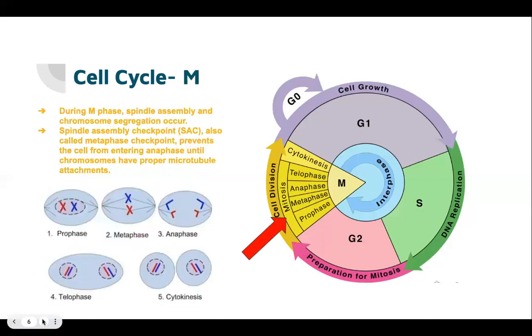And then for this M phase right here, this is where the actual splitting occurs. During this phase of the cell cycle, there are a few steps between G2 and getting back to G1.